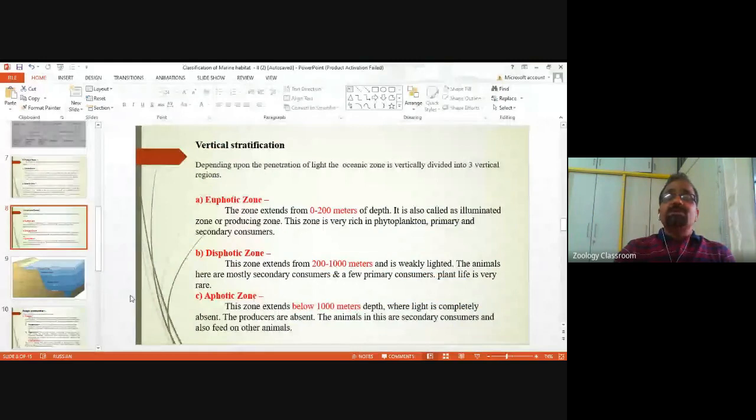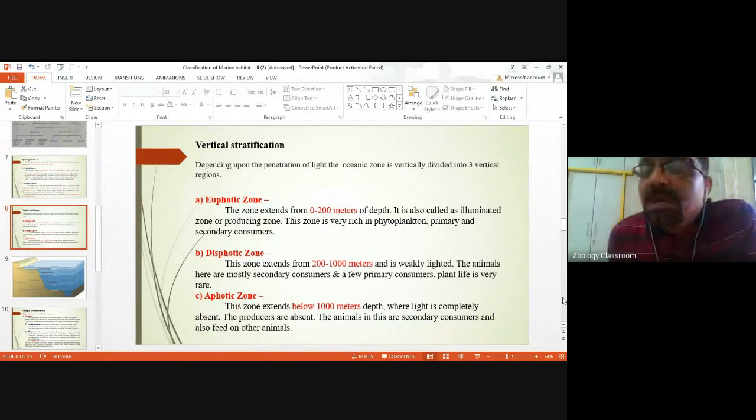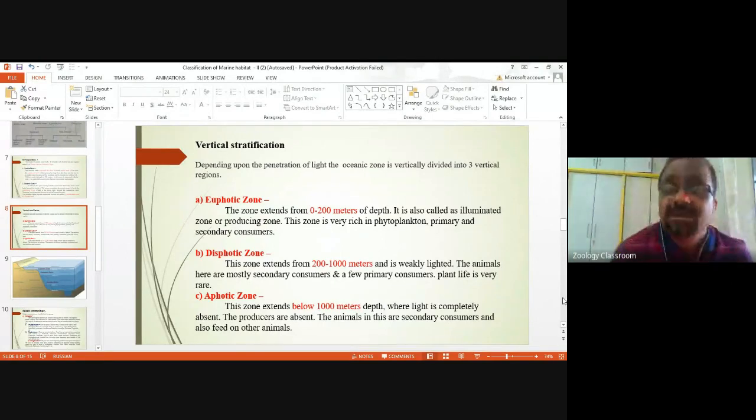The animals here are mostly secondary consumers, and very few primary consumers are there.